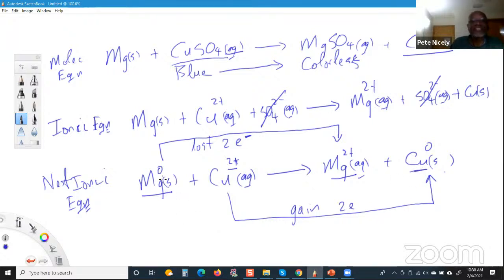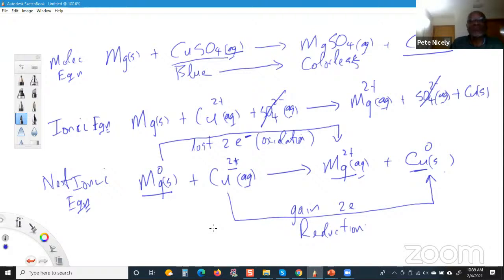So based on the definition that I mentioned before, magnesium is losing electrons, so therefore the magnesium is undergoing oxidation. And in the case of the copper 2+, it's gaining 2 electrons, so the copper 2+ is undergoing reduction. All right?